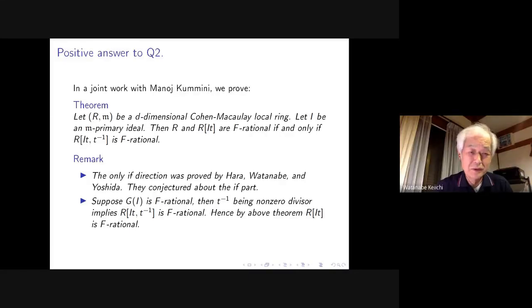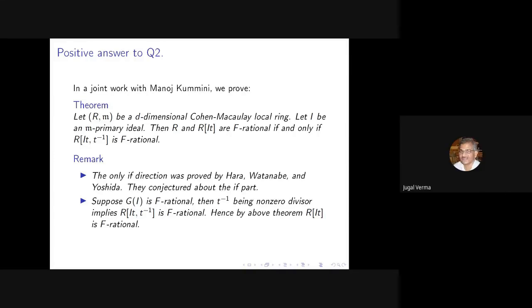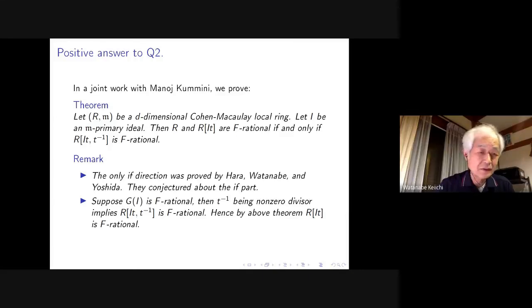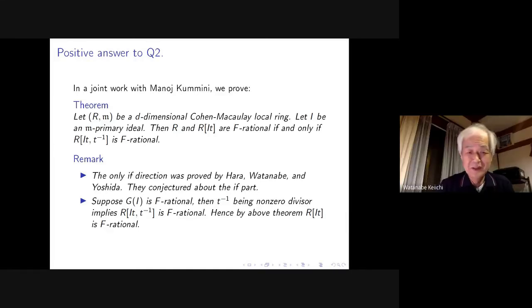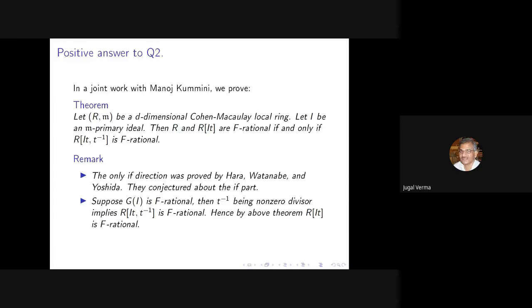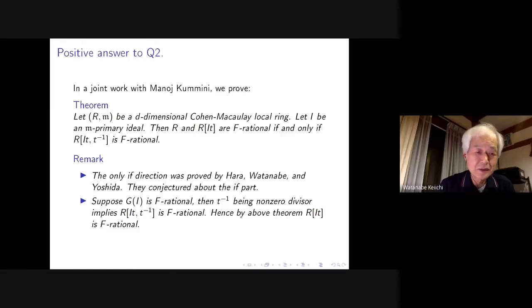I don't know. Perhaps Yoshida. Anyway, I enjoyed the talk very much. So there are no works on the F-rationality of the fiber cone, at least I have not seen any.